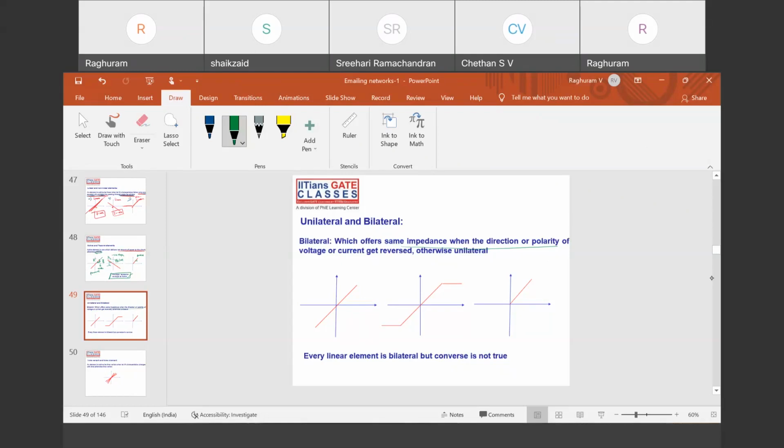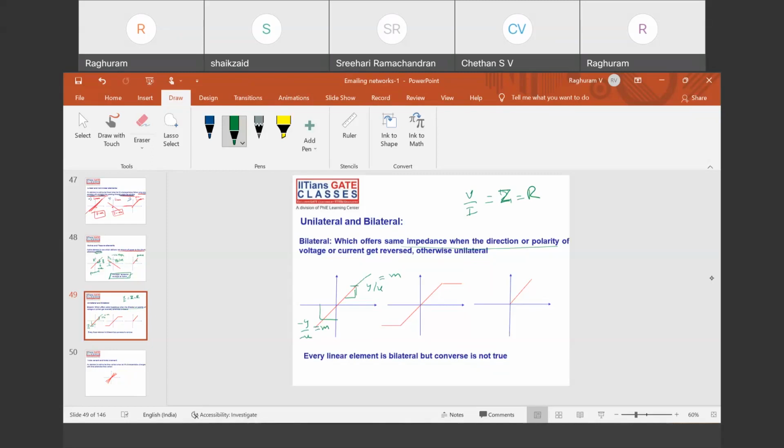If I see the impedance or resistance here, the slope is nothing but the resistance actually. This is y by x. Here if I take it, it's minus y by minus x. So it's the same. The impedance is the same. Impedance in the sense slope, V by I, is impedance or resistance for that matter. Impedance is nothing but resistance in AC circuits.